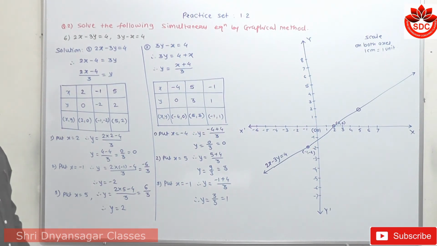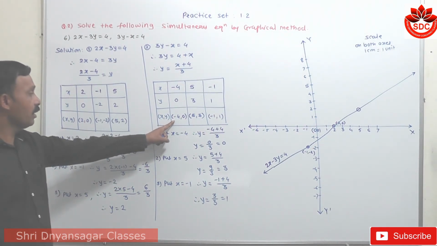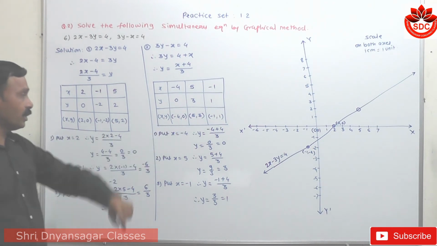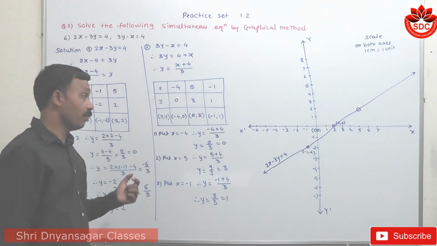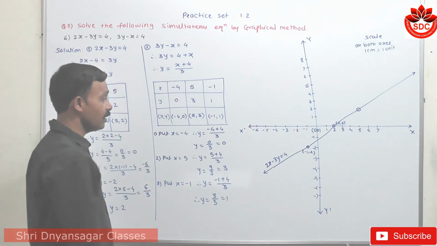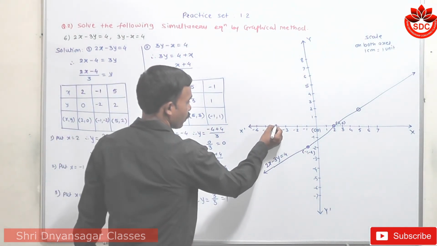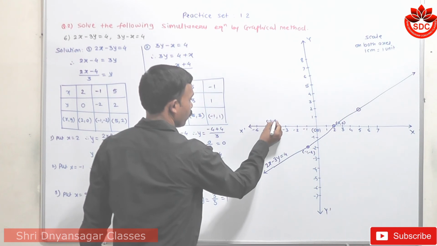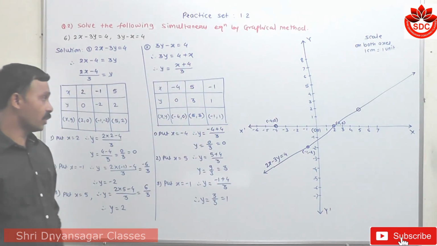This is the equation of the first line. Now we plot the points of the second equation, minus 4 and 0. Minus 4 and 0 means it lies on the negative x-axis. Here minus 4 and 0, its ordered pair also.